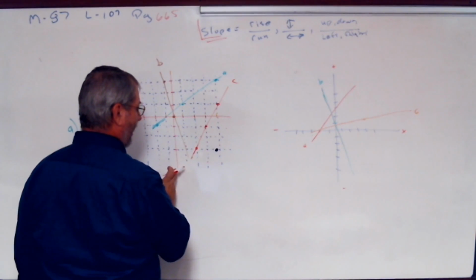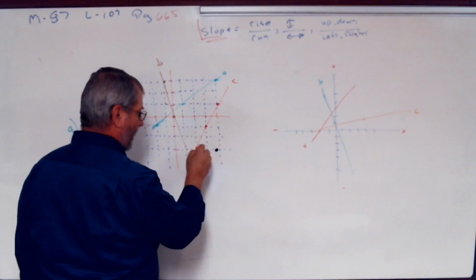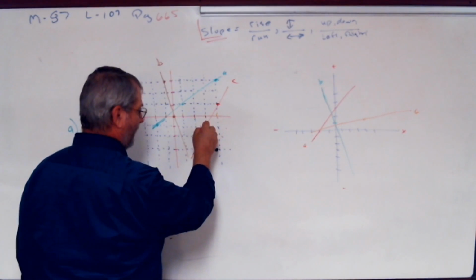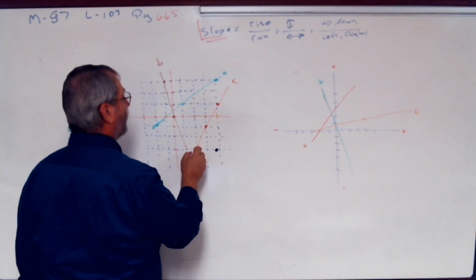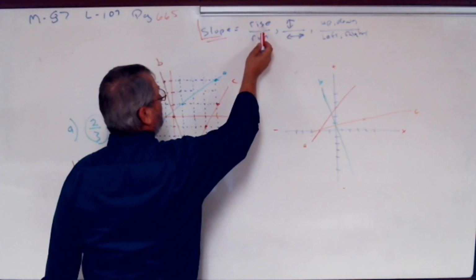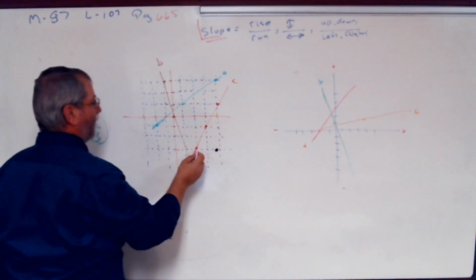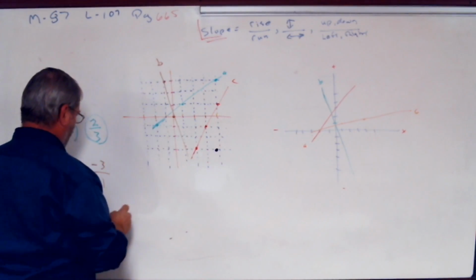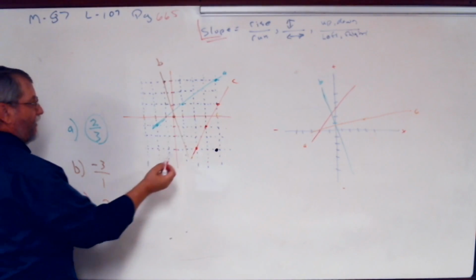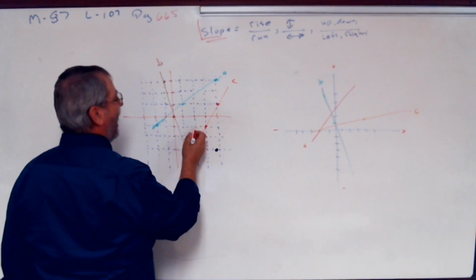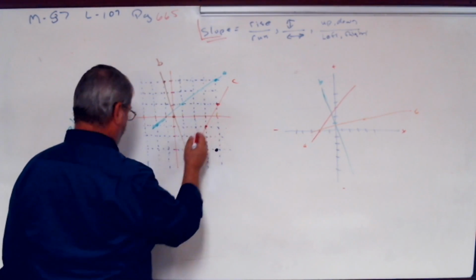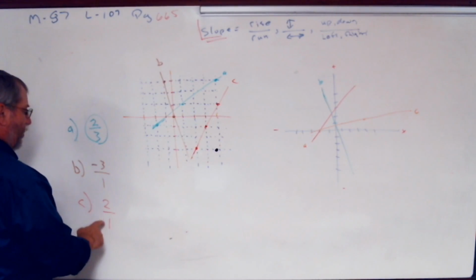It doesn't even touch the y-axis. But you see, it crosses right there, and it crosses right there. So from here, we're going to go rise, up or down. We're going to go up 1, 2. So we go up 2 from this spot, and then we go to the right 1. Slope is 2 over 1.